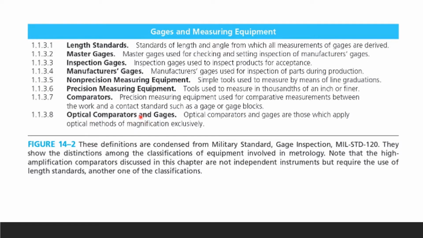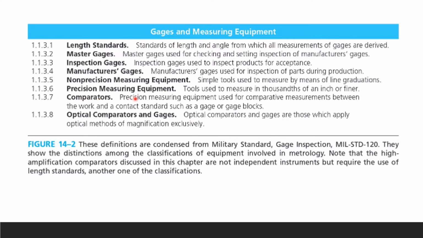So we have many different kinds of gauges and measuring equipment. Most of them are used as standards, okay, for inspection, for checking. And when you go into precision, that's going to 1,000th of an inch or finer. So precision is nothing but finer measurement that we're doing.